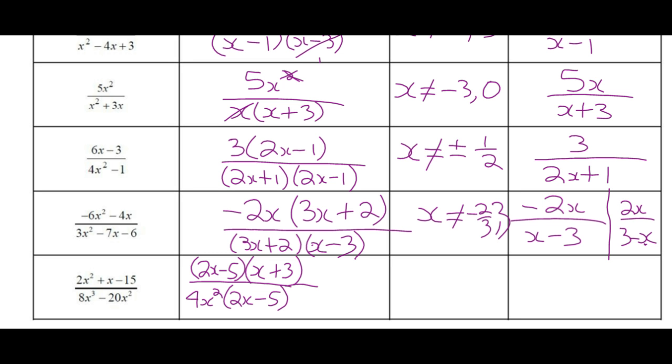Okay, now we go on. So we say x cannot equal 0 or 5 over 2. Remember, don't use 2.5, right? When you're expressing restrictions or non-permissible values, use improper fractions, okay? 5 over 2, not 2.5. And what do we get? What's left? X plus 3 over 4x squared, right?